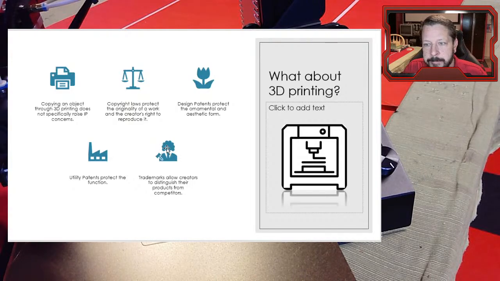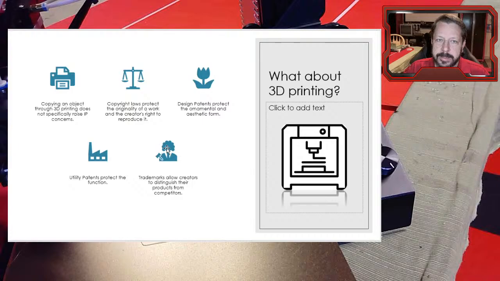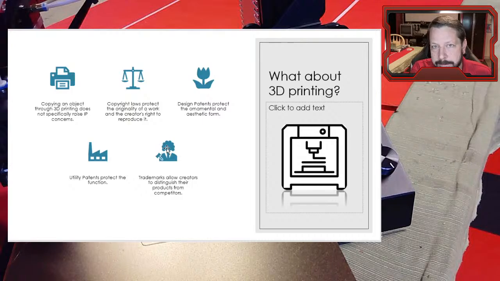I've created my own. And so I haven't violated copyright necessarily. Somebody might argue that I did because the intent was the same, but I didn't literally take their STL file or their CAD drawings and make my own version. I took the part and reverse engineered it.